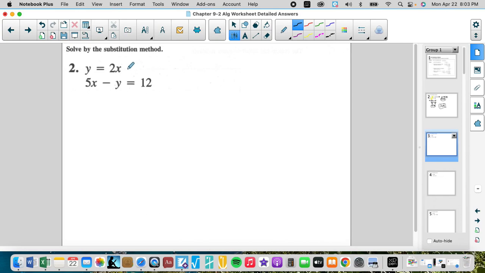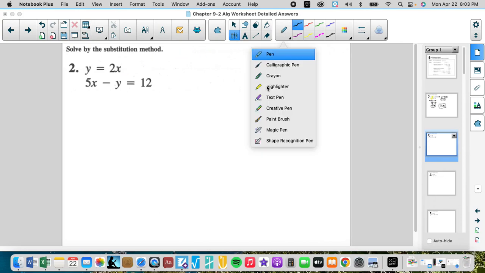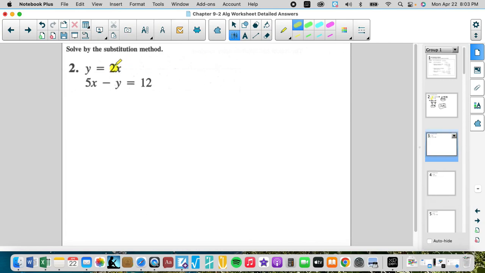Again, this is really nice. We are going to take this value, y is equal to 2x, so we're going to plug that in for y.